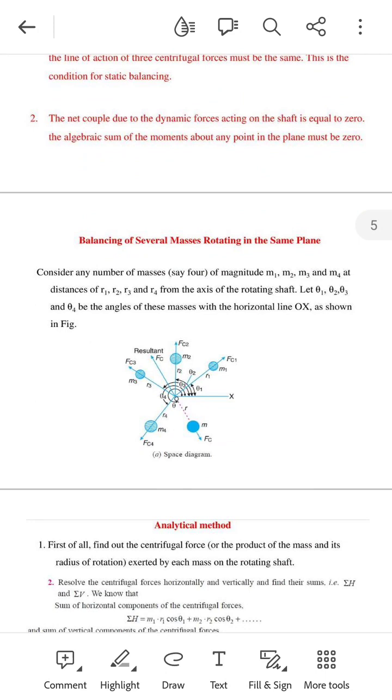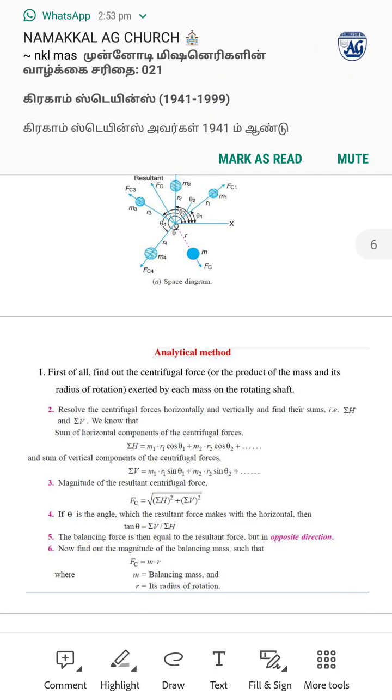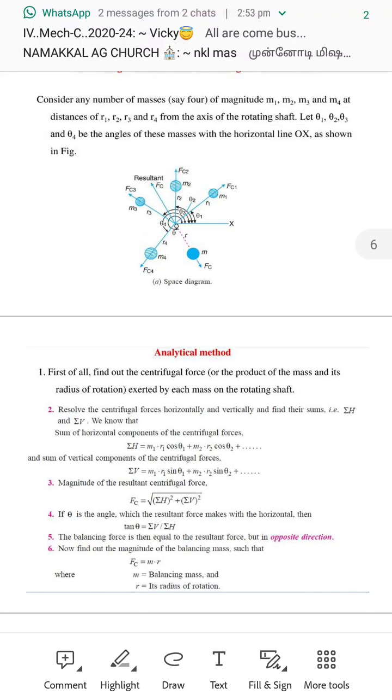Let theta 1, theta 2, theta 3 and theta 4 be the angles of these masses with the horizontal line OX as shown in the figure. The balancing is determined by two methods. One is the analytical method, another one is the graphical method.